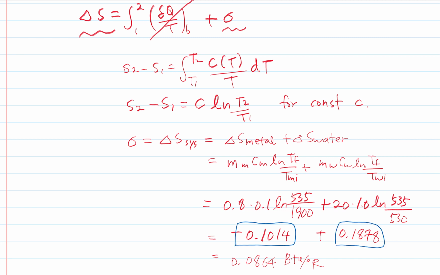So initially the metal was hotter than the water, so the metal lost heat and the water gained heat from the metal. That's why entropy for water increases and entropy for metal decreases. But the entropy generation of the system is positive. That tells us that the entropy in the isolated system increases after the process. This is caused by the heat transfer between the metal bar and the water inside the system.